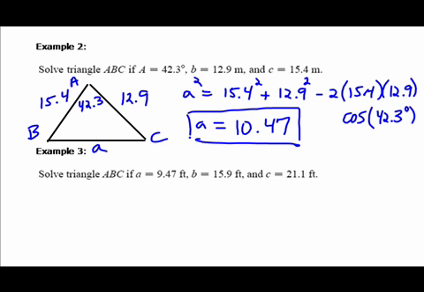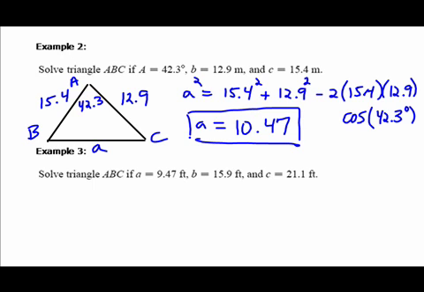In geometry, and again, I don't know who had high school geometry or who didn't, but if you did, one of the facts you learn about a triangle is that the largest angle will always be across from the longest side. The smallest angle of a triangle will always be across from the shortest side.